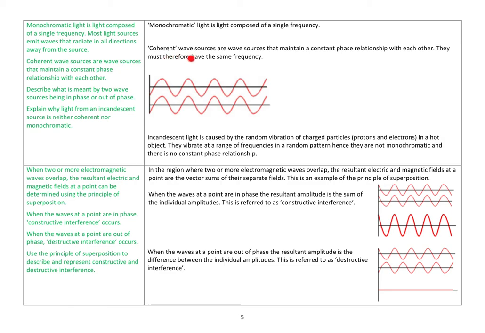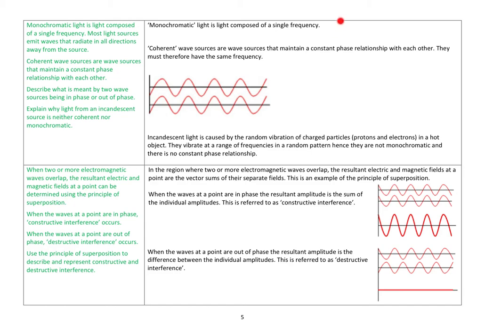So coherent light also firstly must be monochromatic, but there also must be a constant phase relationship. Generally, when an object emits monochromatic light, if you recall from the last video, electromagnetic waves, including light, are generated by an oscillating charged particle, usually an oscillating electron within an atom.